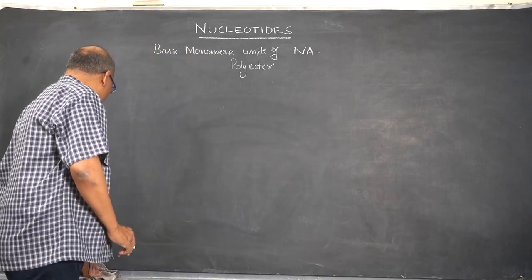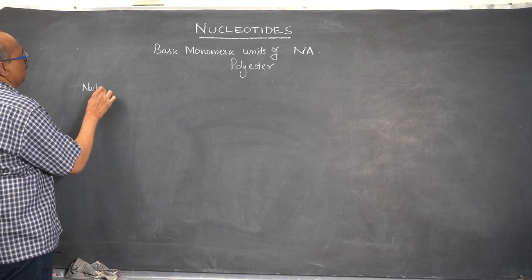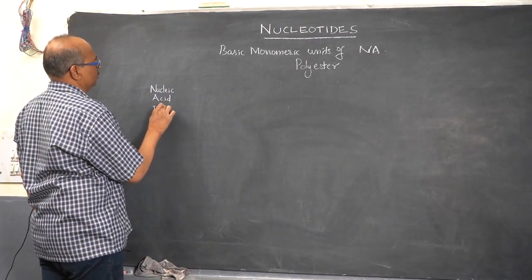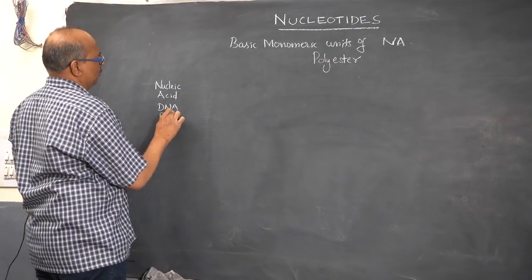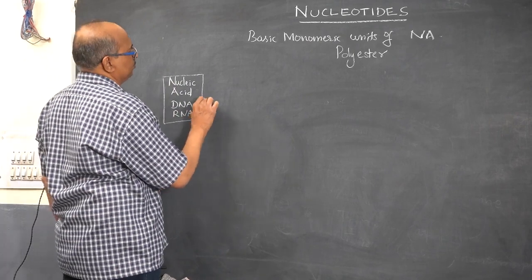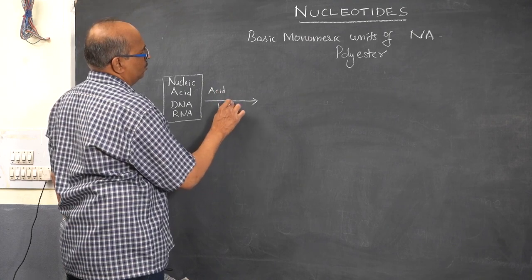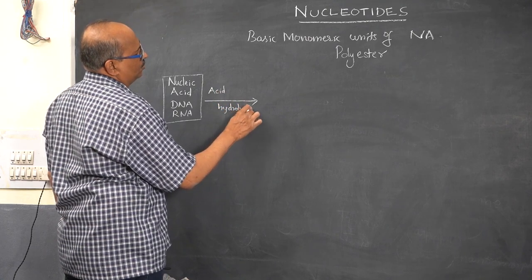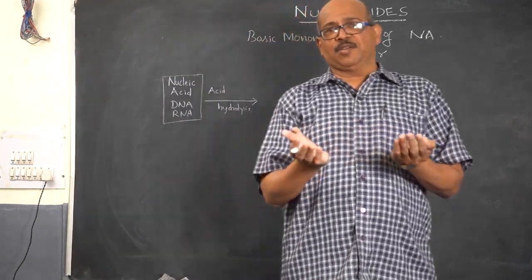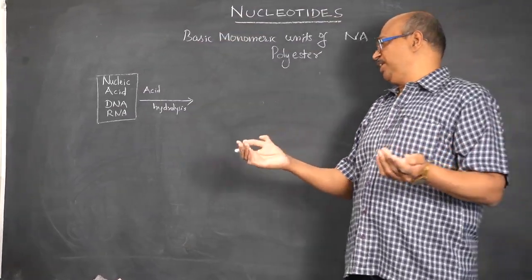When you take the nucleic acid, either DNA or RNA, and when you subject it to acid hydrolysis, the acid hydrolysis will break down all phosphodiester bonds so that one nucleotide gets separated from the adjacent nucleotide.